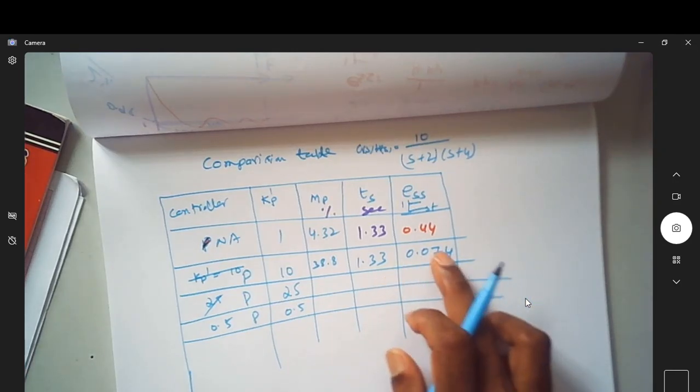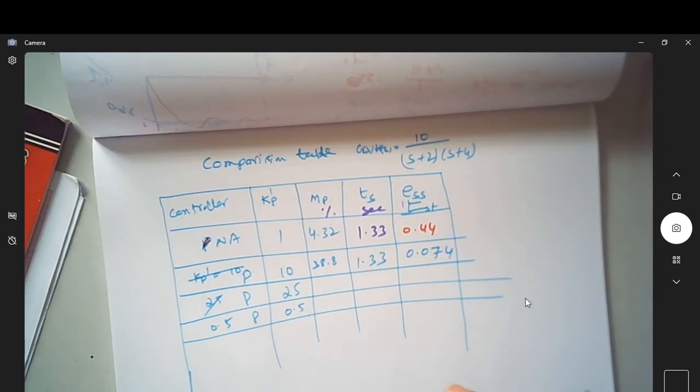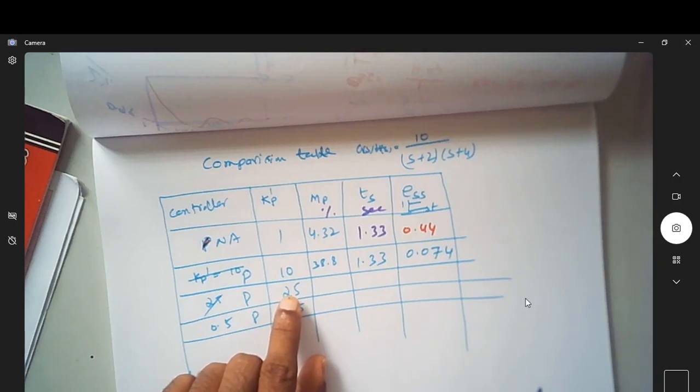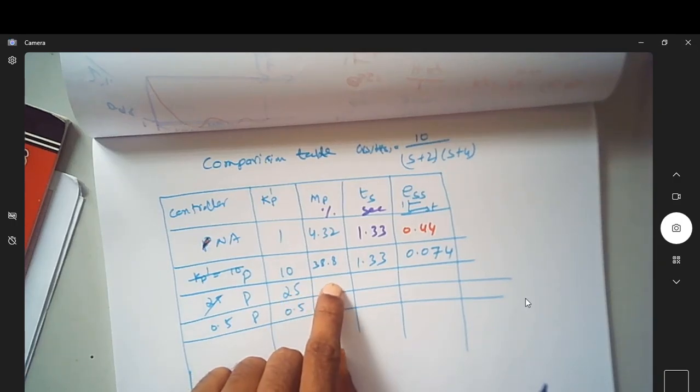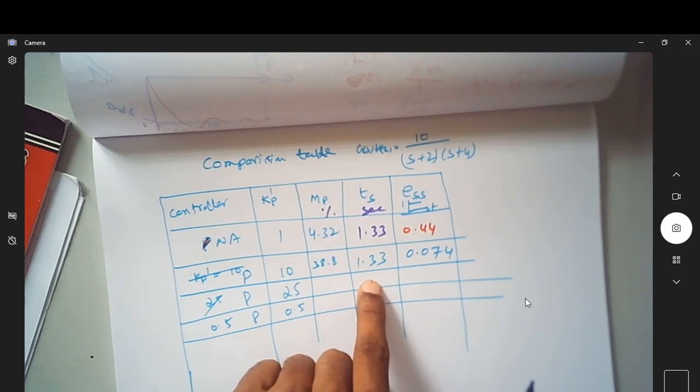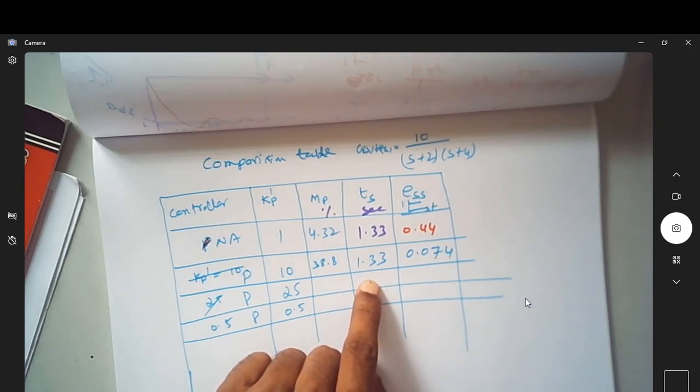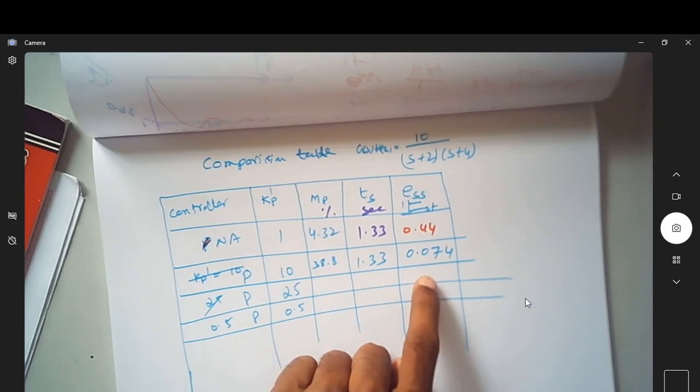It is surprising to see, as the value of this proportional controller increases, the overshoot also increases, the settling time almost remains constant, and the steady state error reduces.